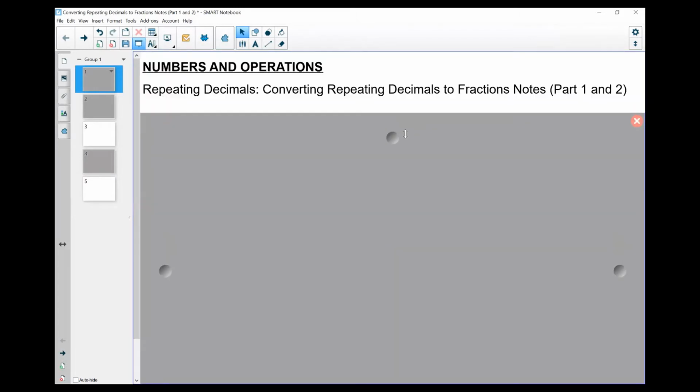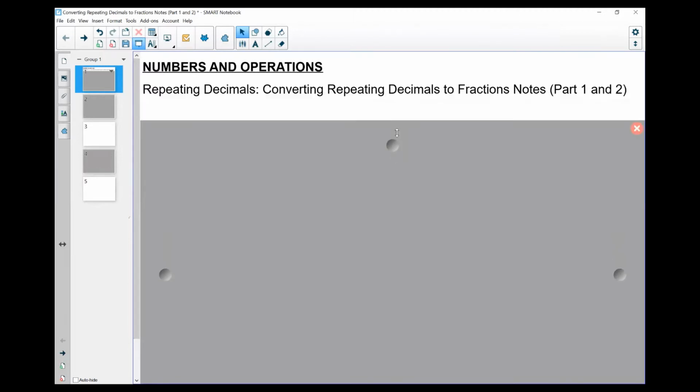Okay, so today we're going to be talking about converting a repeating decimal to fractions. I got two parts to this, and then I got some videos explaining this. So get your notes, your journal, a pen, paper, whatever, to jot these down here.